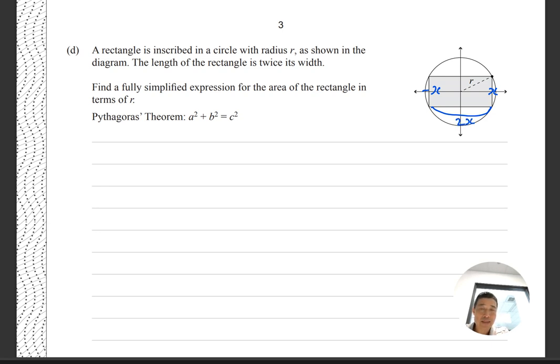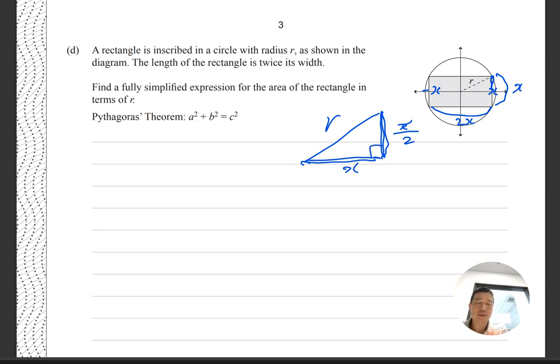As the question says, the width is half of it, which is just x. And this bit, I'm going to draw this again with r. So this bit here is half of x, so x over 2. And this bit here is x.